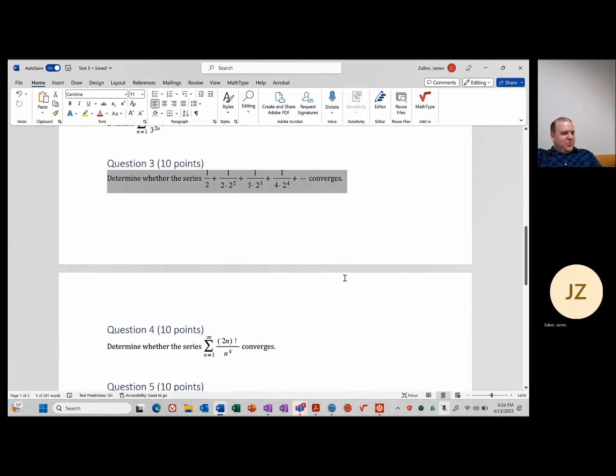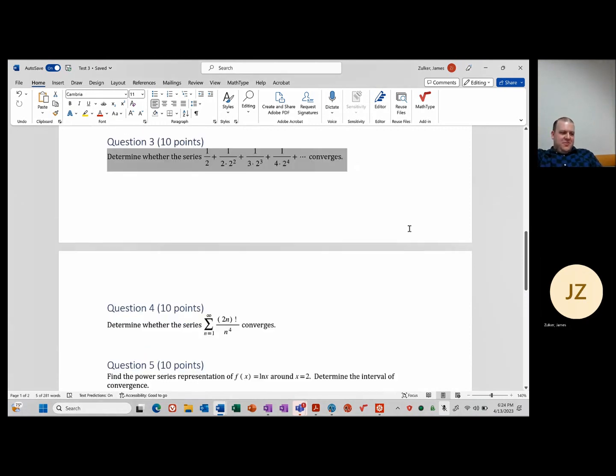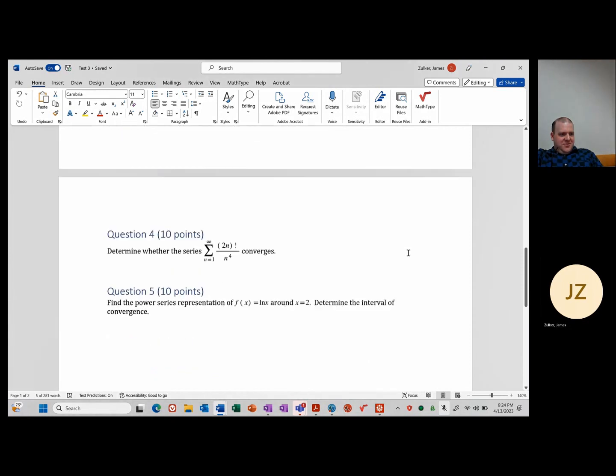And there are only 2 of them that ask you whether converges or diverges. You're welcome. Although technically, right? Determine the interval of convergence, so I guess 3 of them.